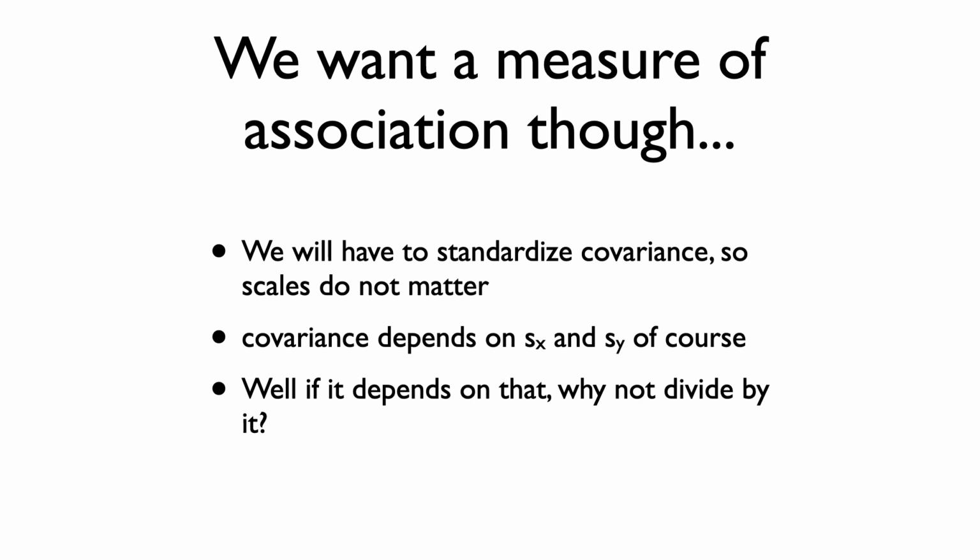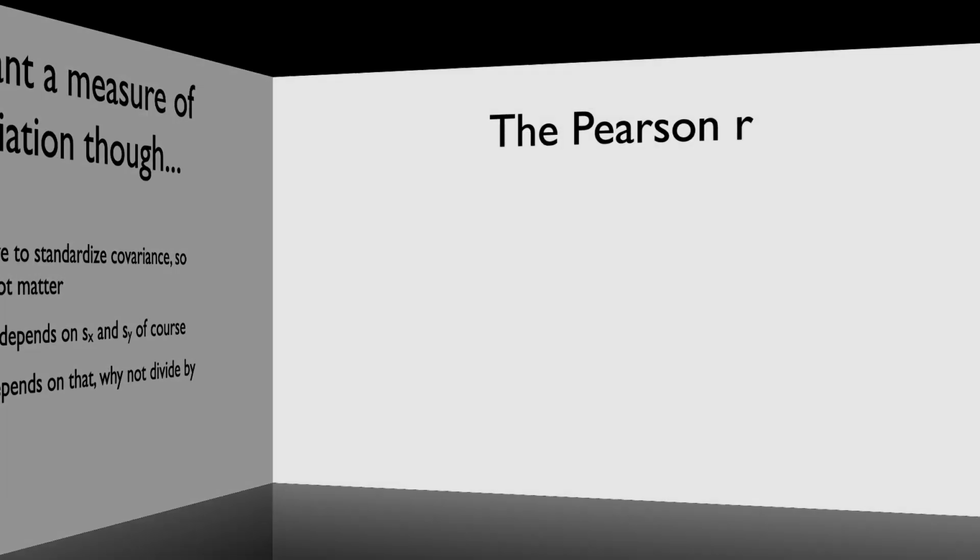Questions so far, though? You see where we're going. So what we're going to get is something called the Pearson R, which is the covariance. Yeah, that's good. I did get it right. R equals the covariance of x and y divided by the standard deviation of x times the standard deviation of y.